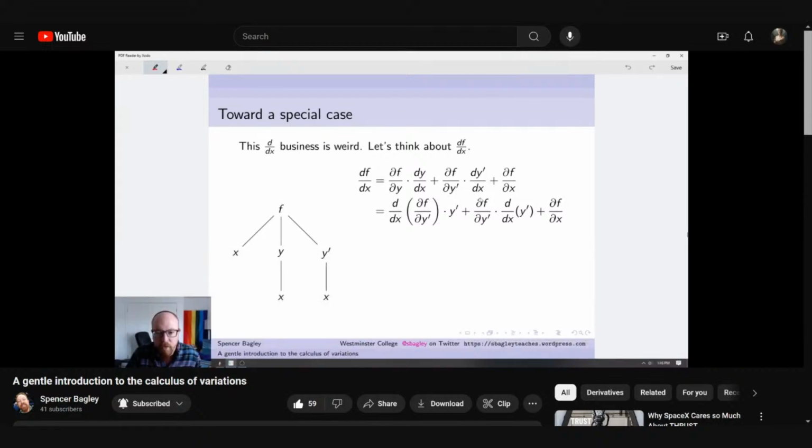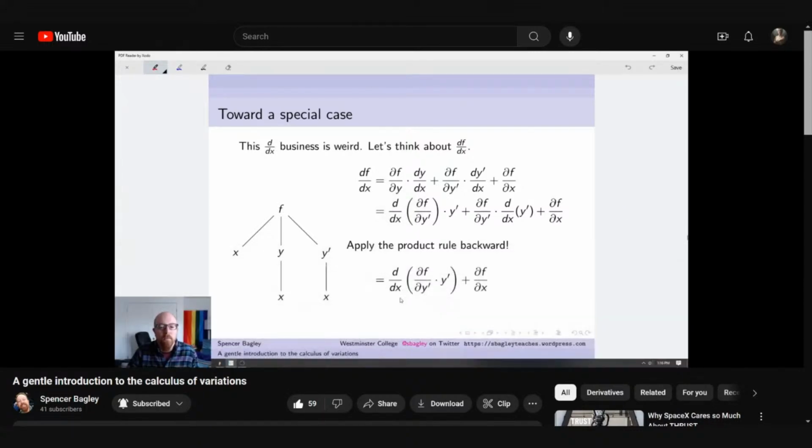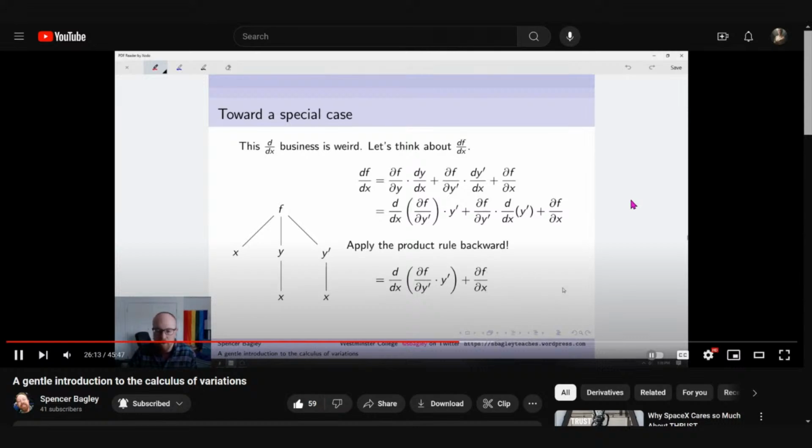And then I got the thing times the derivative of the something else, which sounds to me a heck of a lot like the product rule, except I'm going to apply it backwards. And so oh my god, this is a reverse product rule. Unbelievable. That's what I get. That is just the x derivative, right, of this thing times this thing. Wow. So that's cool. And then I just have this partial of f with respect to x trailing out here.